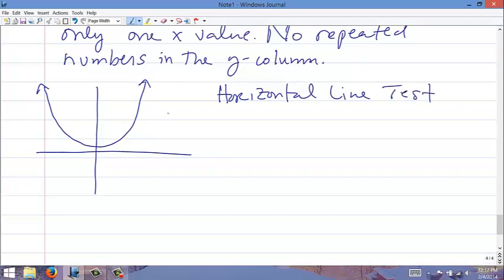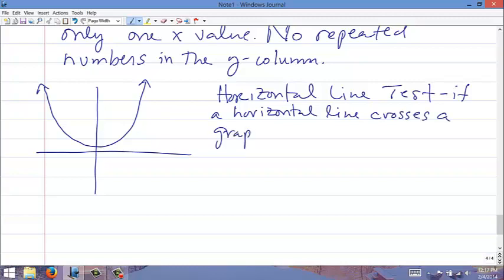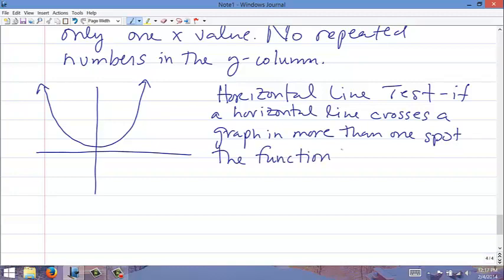And so the idea is, if a horizontal line crosses a graph in more than one spot, the function has no inverse.